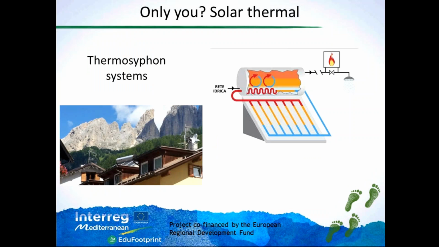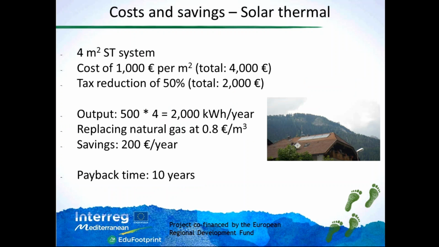We also saw that especially in warm countries we can use thermosiphon systems, which are very simple because they don't need a pump. But of course in colder countries this could be a problem because you have this boiler which is insulated, but anyway it's outside of the building, so you can have higher thermal losses.